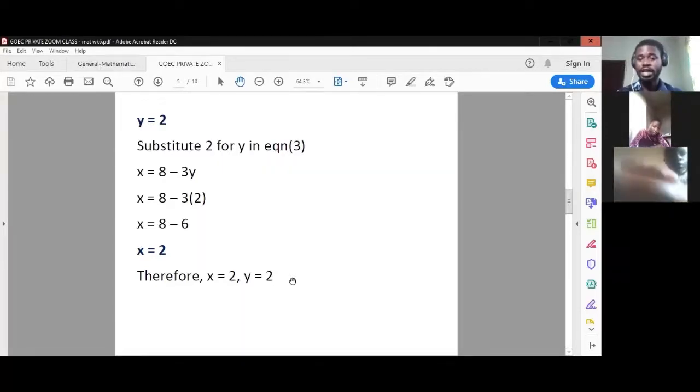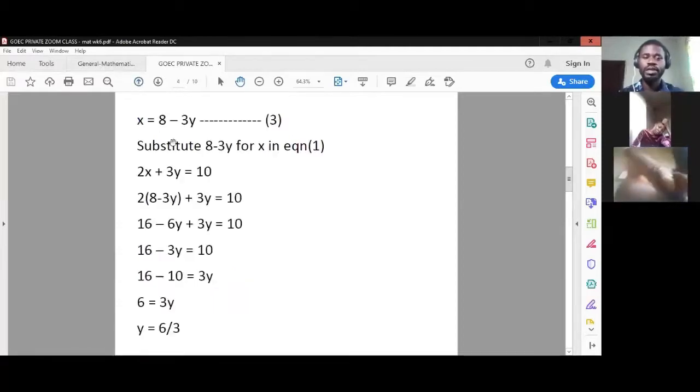I hope that is clear now. You understand the one that has a coefficient of 1? Yes, sir. That is the one that is standing alone. That is step 1. Step 2: make the unknown the subject of the formula. Once you have identified that one, you bring it out and make it the subject of the formula, like we did for x here.